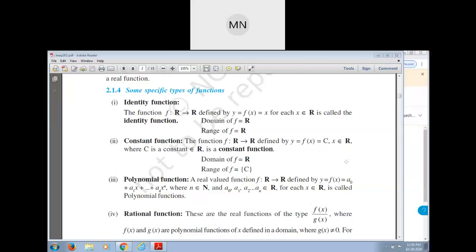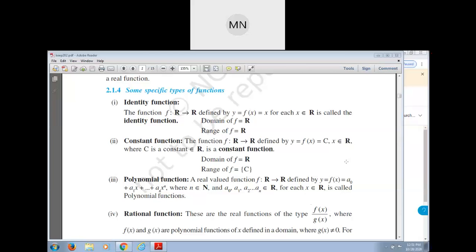So if we define a function from R to R, then the domain of that function is the set of real numbers, and the range of this function is a subset of real numbers, and that type of function is called a real valued function.